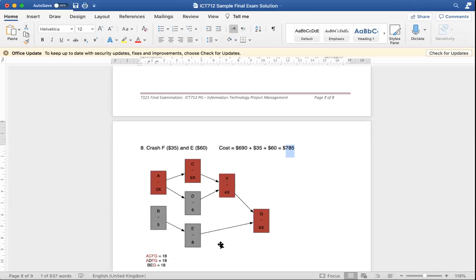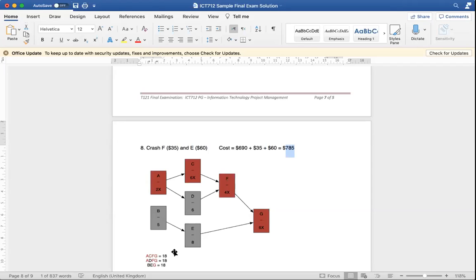What about D? You can crash D and you can crash B and you can crash E, but this will reduce from 18 to 17, while this will remain 18, which means the duration of your project won't reduce. So there's no point making any more crashing. What's the point in doing this many crashes?